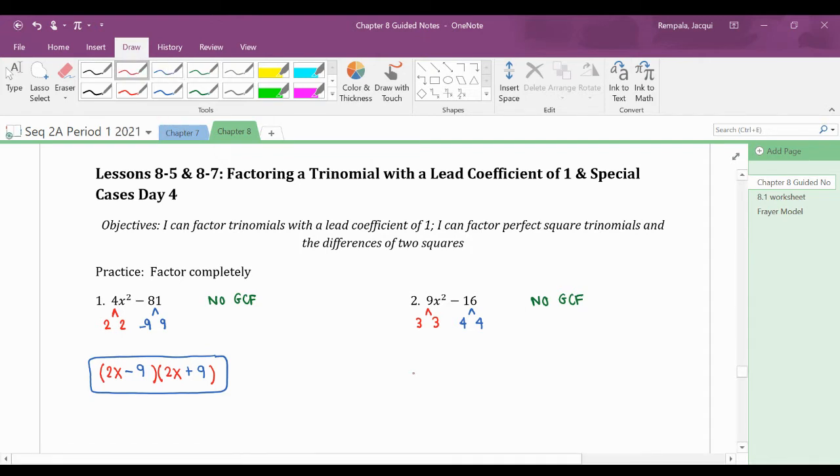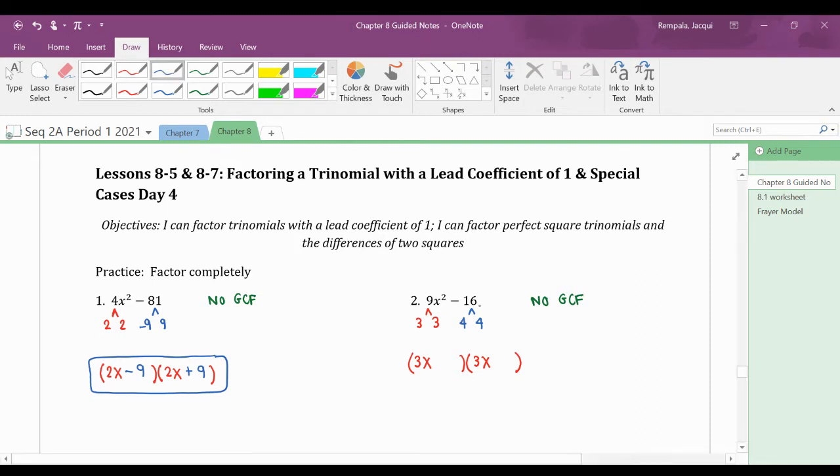So now, since there's no GCF, we can go ahead and we can write our final answer in those parentheses. Because the 9 is connected to x squared and 9 was 3 times 3, we want to put a 3 with each of the x's that we start off our parentheses with, because 3x times 3x is 9x squared.